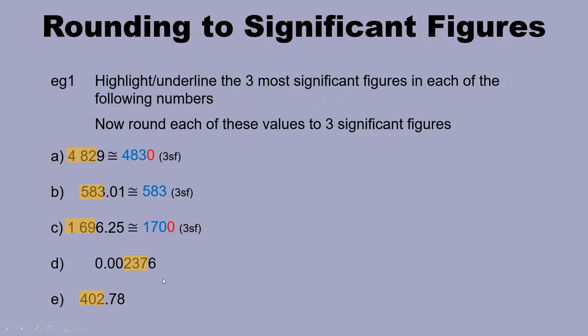For question D, we've got these trailing zeros here. So we'll start looking at our 3 significant figures after those. The last of these 3 significant figures is a 7, and to the right of it, we've got a 6, which is 5 or higher, so we will round that 7 up. That 7 becomes an 8. The red zeros, which are leading this number, are not significant.